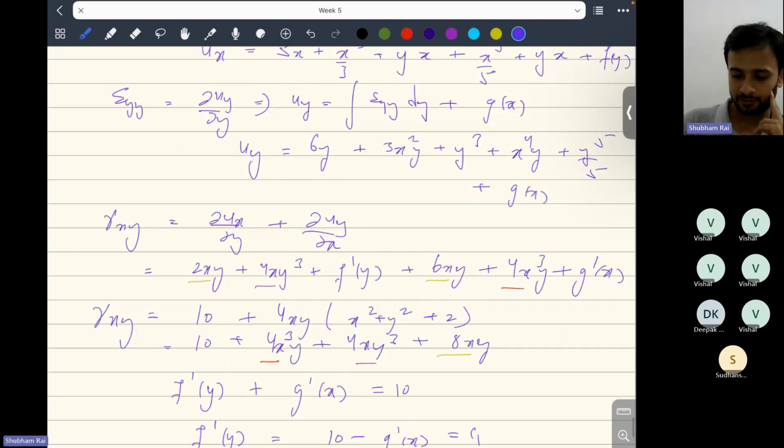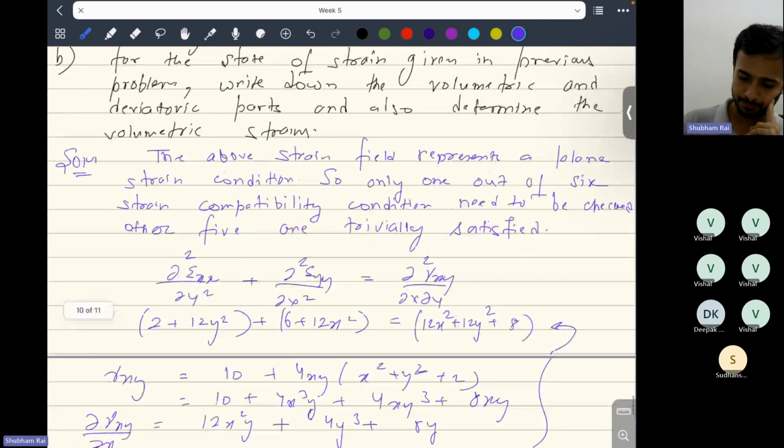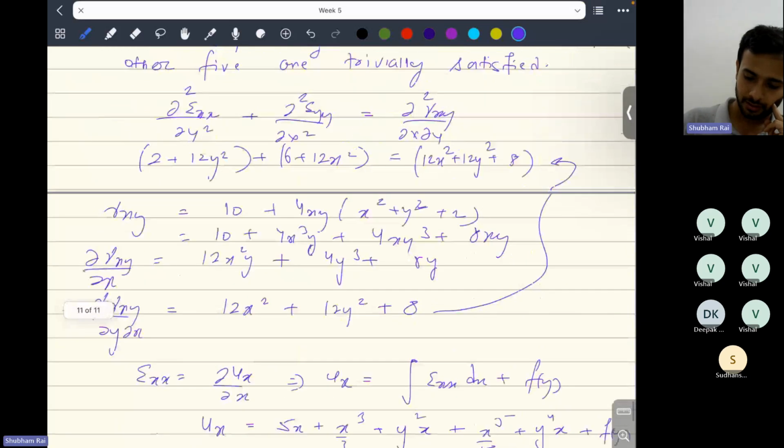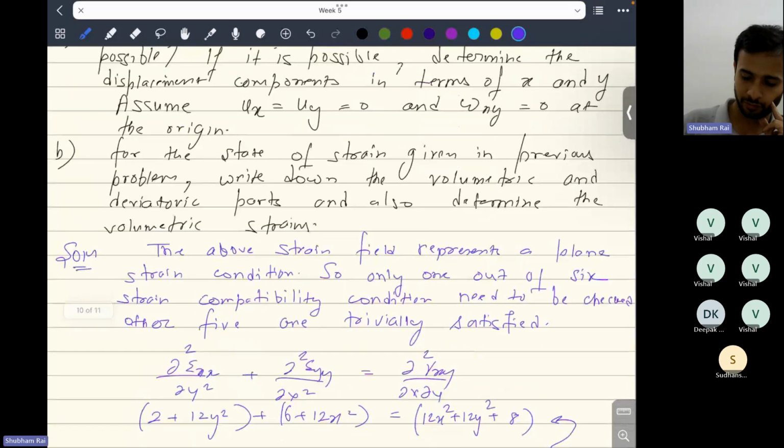Now you have three more conditions given to you. The first condition is u of x is 0 and u of y is 0 and w of xy also equal to 0. These three conditions are at origin. So at x equal to 0, y equal to 0, your ux is 0, uy is 0 and wxy are 0.